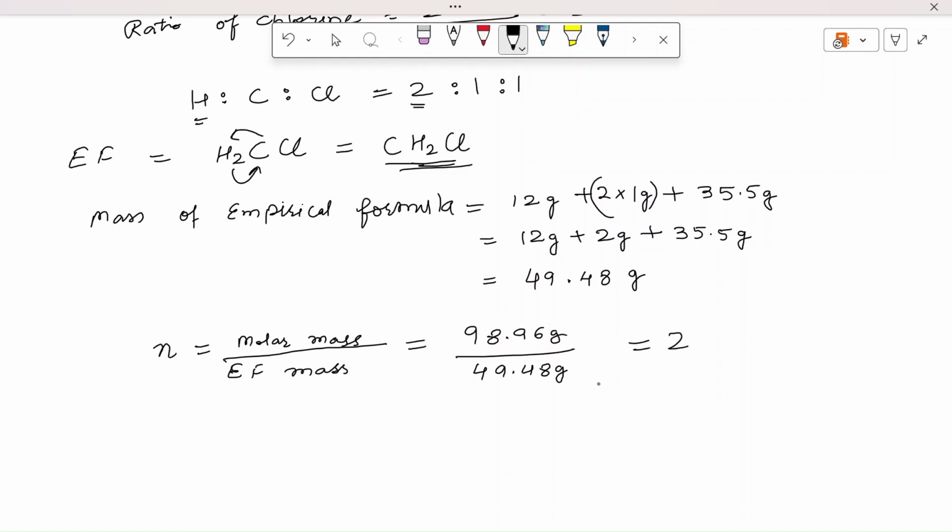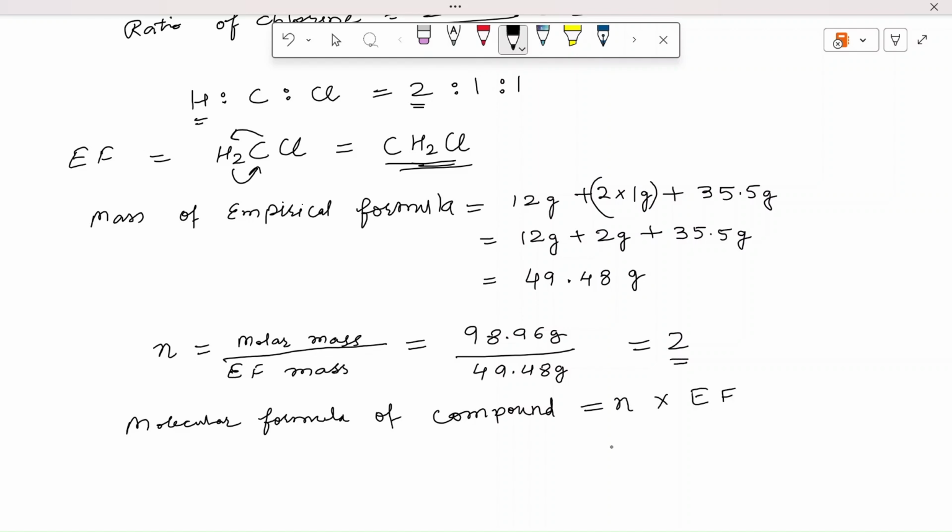So the n factor is 2, and I have told you that this n factor should be multiplied with the empirical formula to get the molecular formula. So we are getting the molecular formula of the compound equal to n multiplied by the empirical formula.